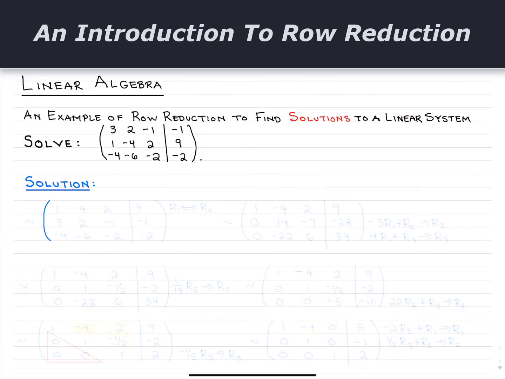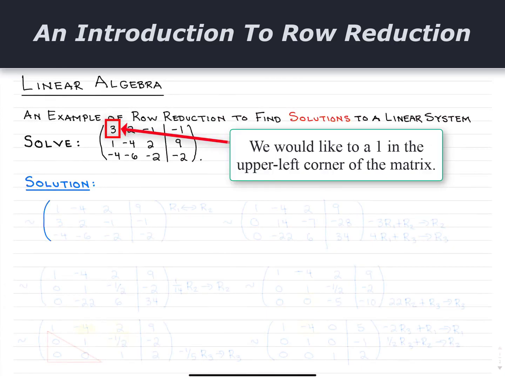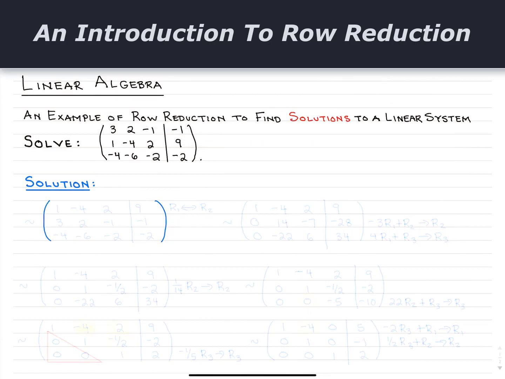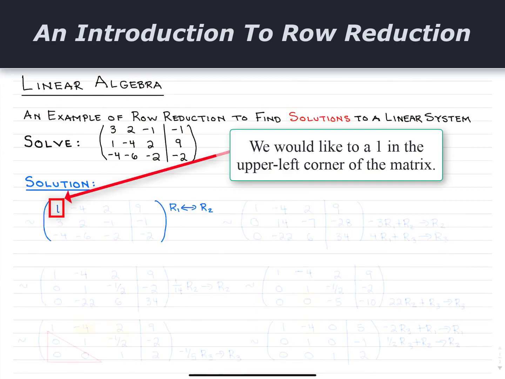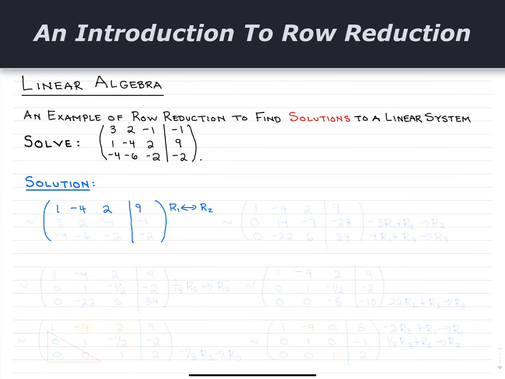The first operation that I want to apply to the matrix is switching row 1 and row 2. So I will do that. The original row 2 becomes the new row 1, and vice versa.